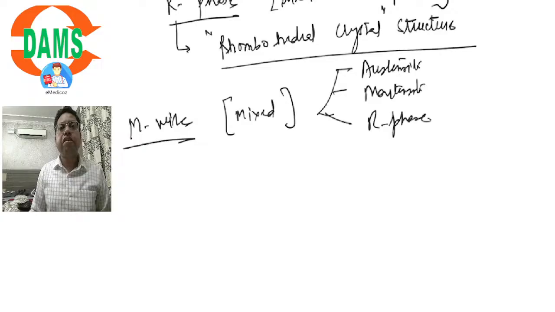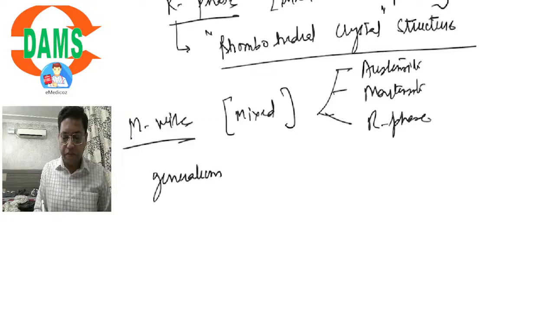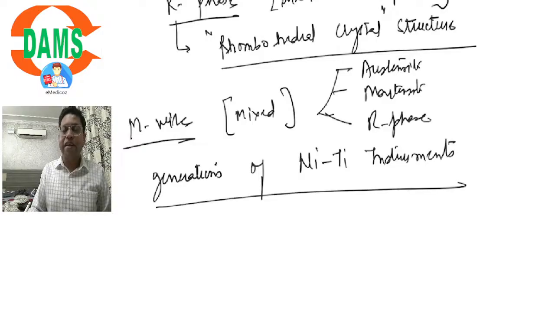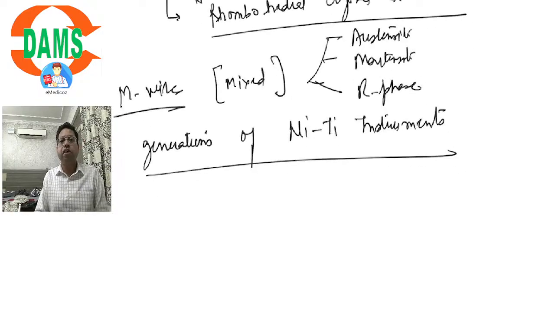Depending upon the different phases and the design characteristics, the group 3 rotary or powered endodontic instruments made of nickel titanium are divided into generations. What I have told above is the general metallurgy of nickel titanium, how the alloy functions. So, generations of nickel titanium instruments.